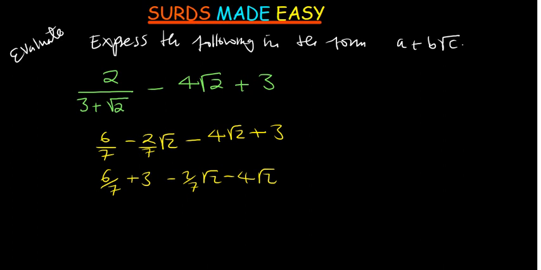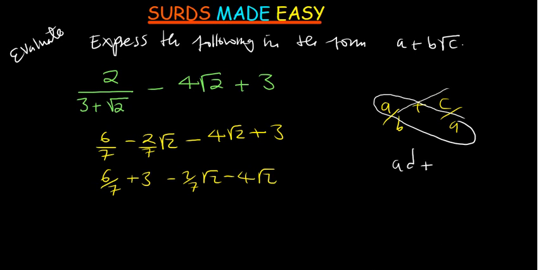Now just add this. Now when you're adding fractions, when you've got a over b plus c over d, the simplest way of adding or subtracting, we use the butterfly way. Multiply this, so that will be ad. Get the sign in the middle, plus. Then multiply this, that will be bc.